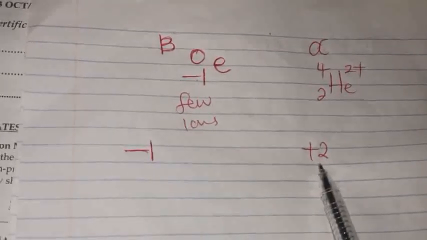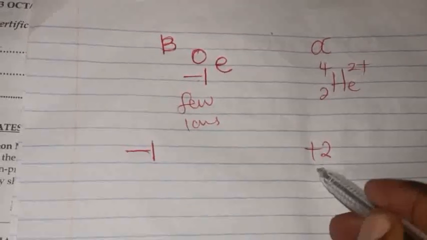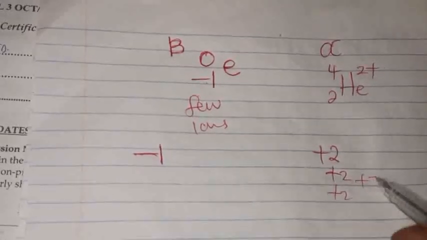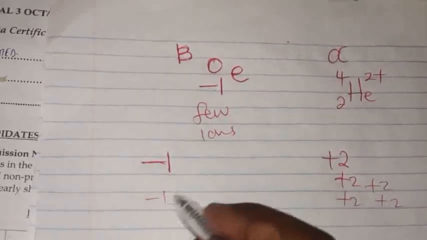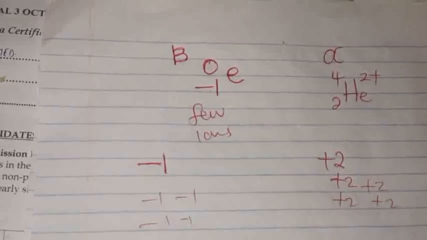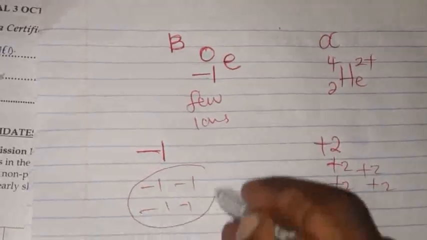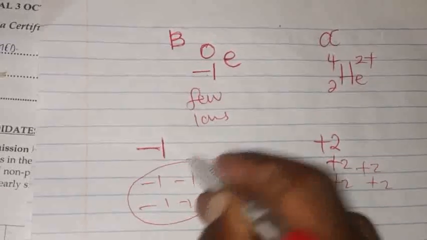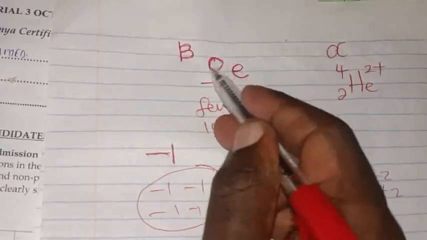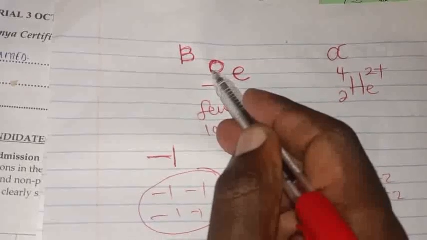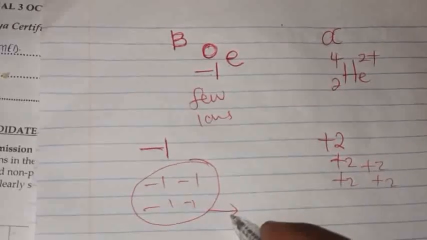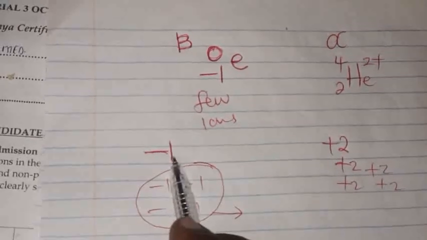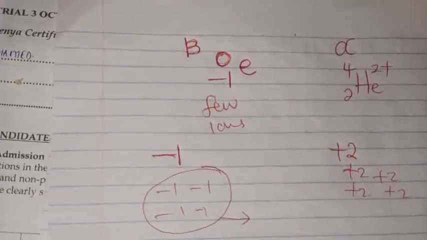Between these two, which one will produce more ions? This one has a bigger charge, so it produces more ions. This one has a smaller charge, so it produces few ions. So the few ions it produces and the lightness it has, being able to move faster, will make it move quickly in the air.